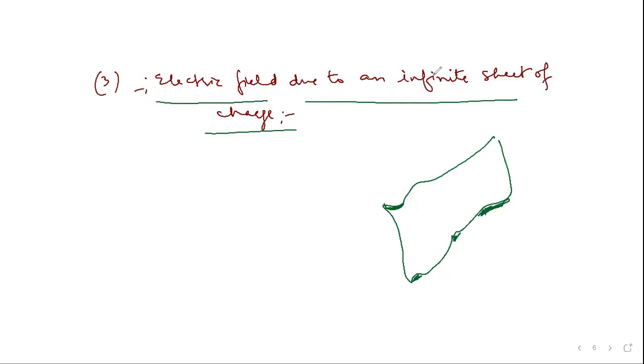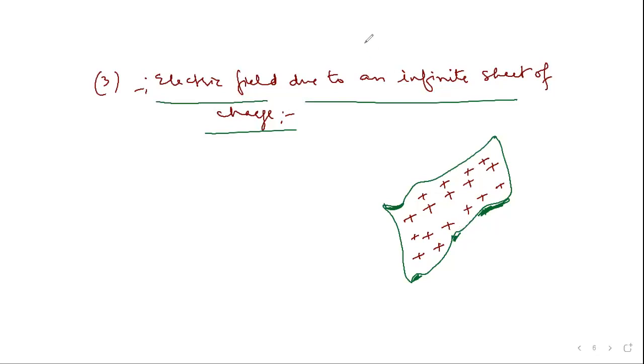Let it be positively charged. So it is positively charged, right? So the electric field will be perpendicular to the sheet, outward. I want to find the electric field from the sheet r distance from the sheet, right?